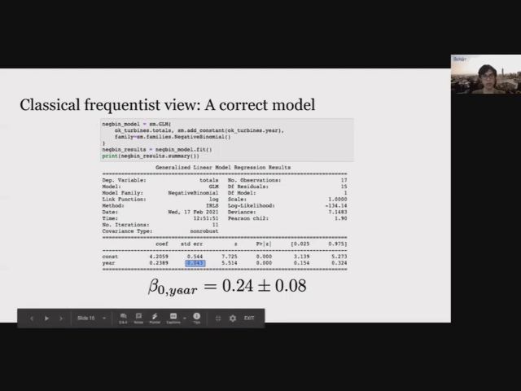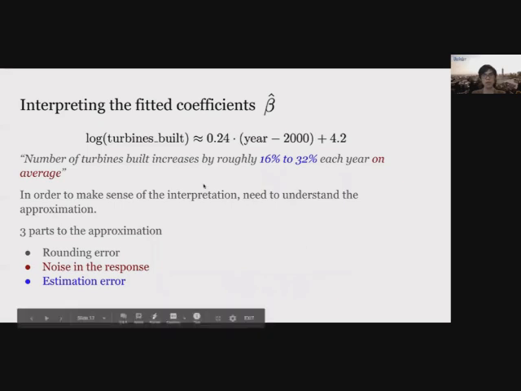Now that we know the standard error, we can go ahead and use that to get error bounds for our coefficients. So this says that our true coefficient for the year feature is going to be somewhere between 0.24 minus 0.08, which is 2 standard deviations below, and 0.24 plus 0.08, which is 2 standard deviations above. Based on that, we can update our interpretation.